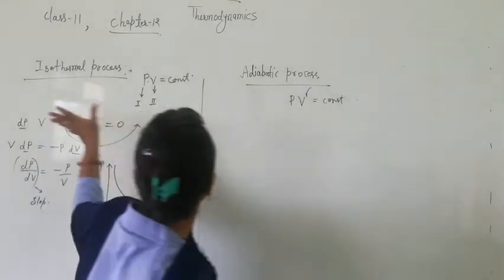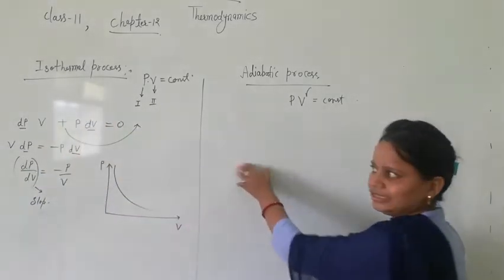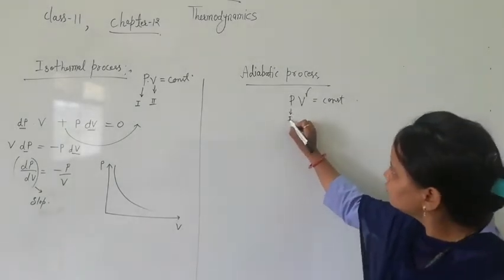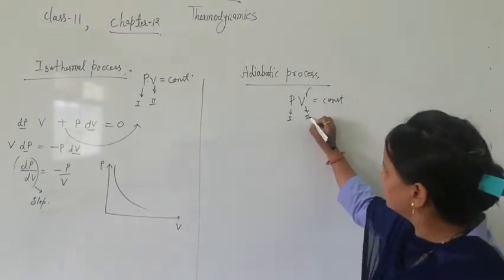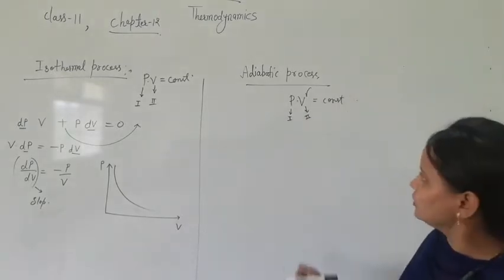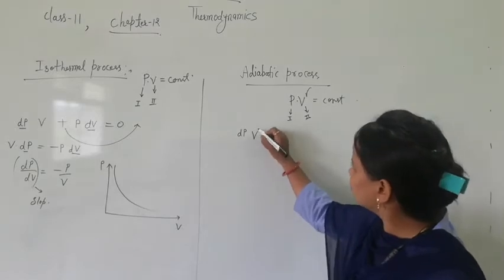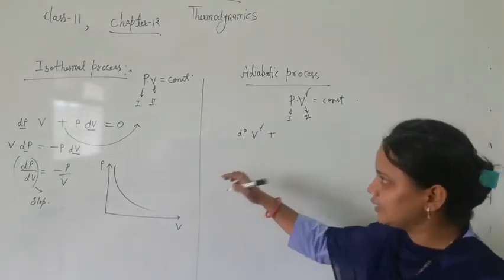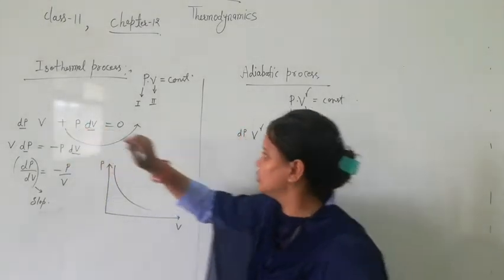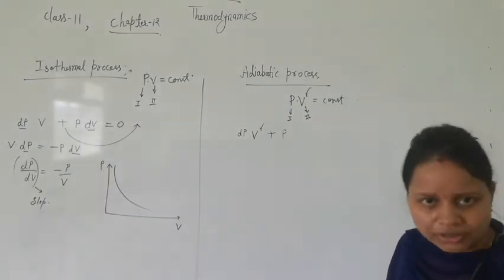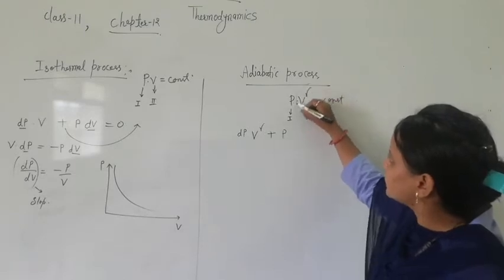Again, we apply similar differentiation for the adiabatic process. The first and second variables are multiplied, so differentiate the first variable and hold the second as a constant. Then add them, as in the previous equation: put the first variable as constant and differentiate the second.